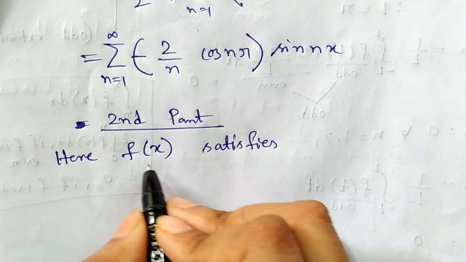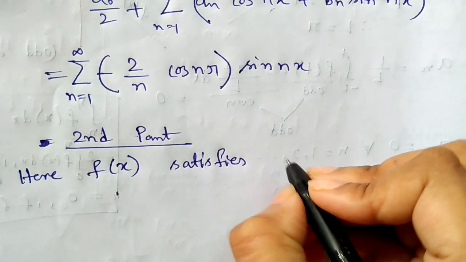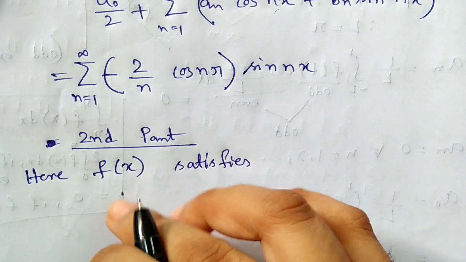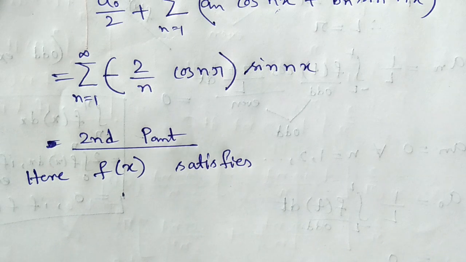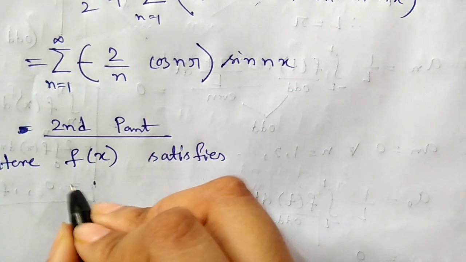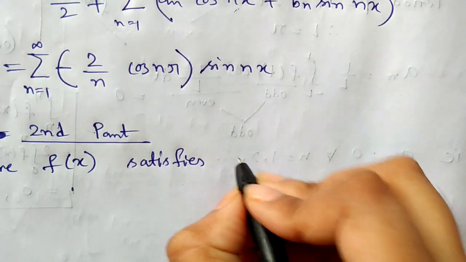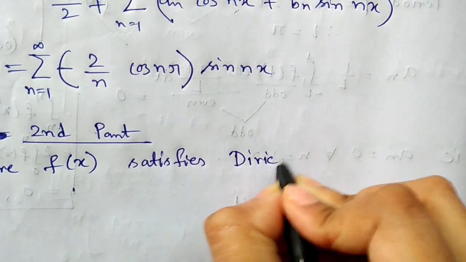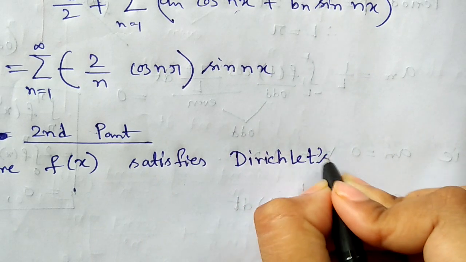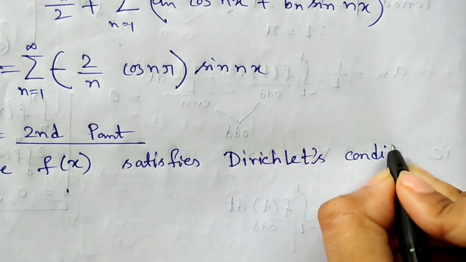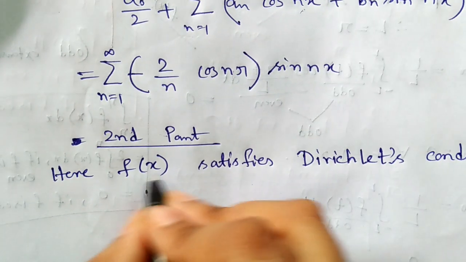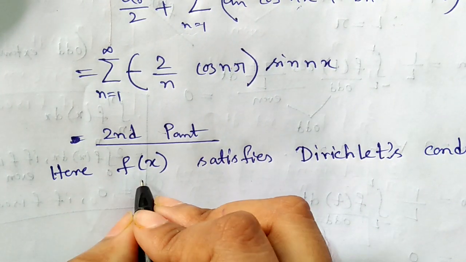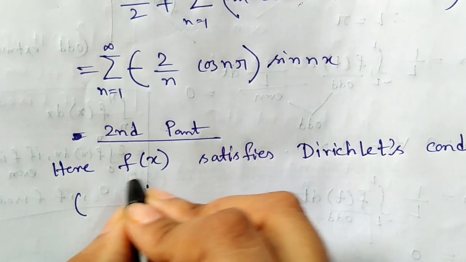Okay, here fx satisfies, first check fx is periodic, piecewise continuous, and it has finite number of relative maxima and minima. So we can write if here fx satisfies Dirichlet's condition on the given domain, as this is for the given function.